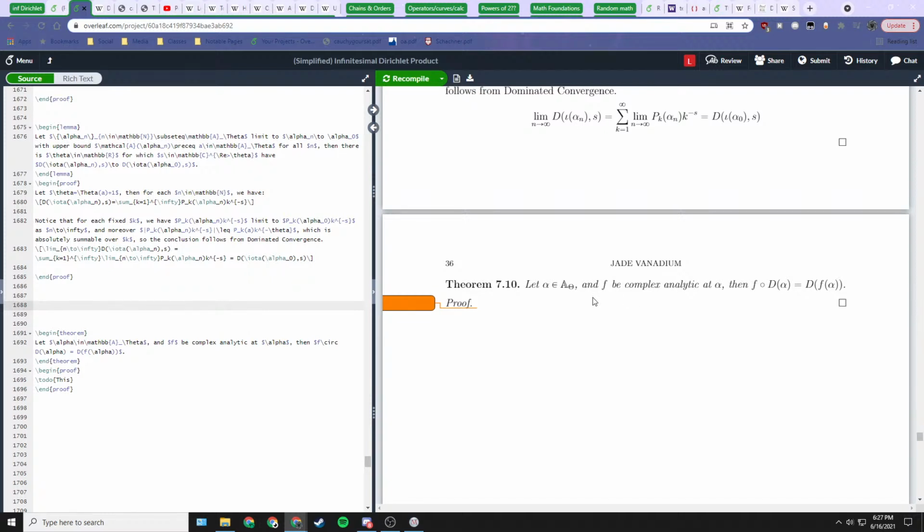So we'll say where f is some function, and alpha is in A sub theta.